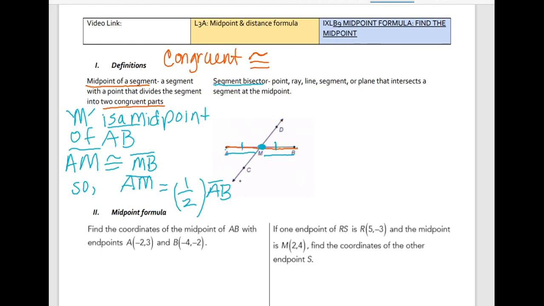So here we had AB, now we have segment CD. We know that CD has crossed AB at the midpoint. Remember, M equals the midpoint.